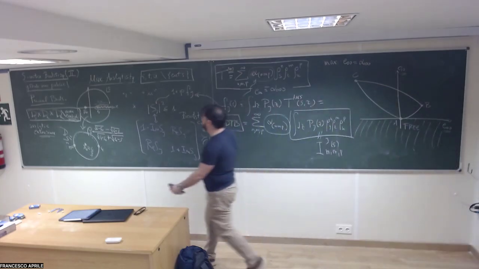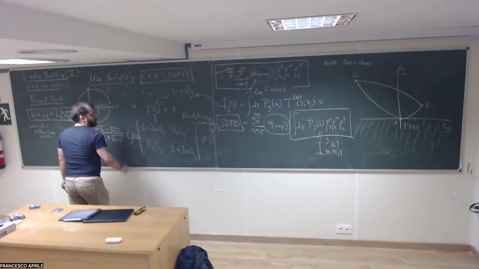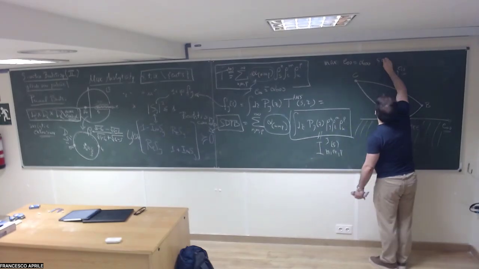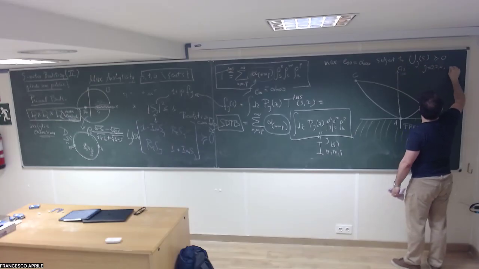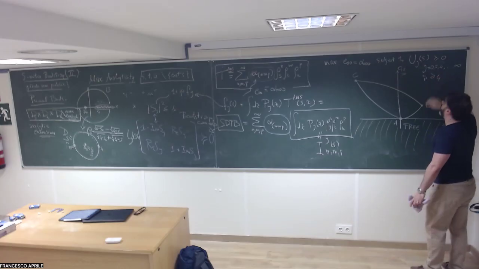Let me call this constraint unitarity, Uj of S. And this has to be subject to Uj of S being semi-positive for J that goes from 0 to infinity, and for S that is greater or equal than 0.